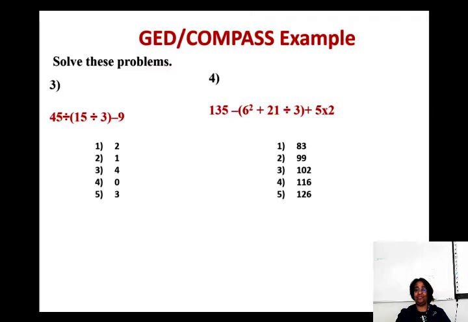What should you do first? The 6 squared. So what is 6 squared? 6 times 6 is 36. So you have 36 plus, what's 21 divided by 3?